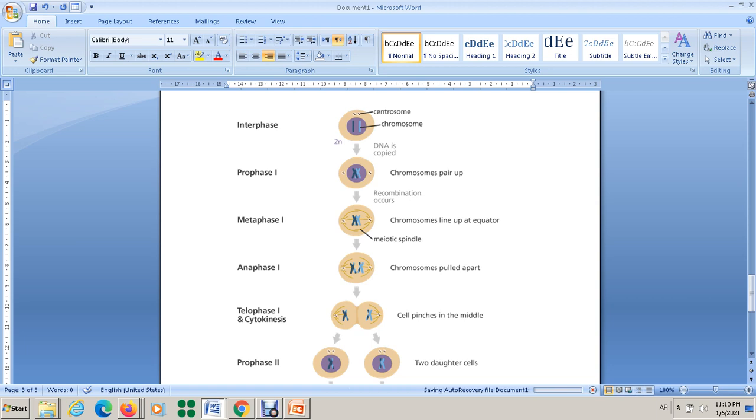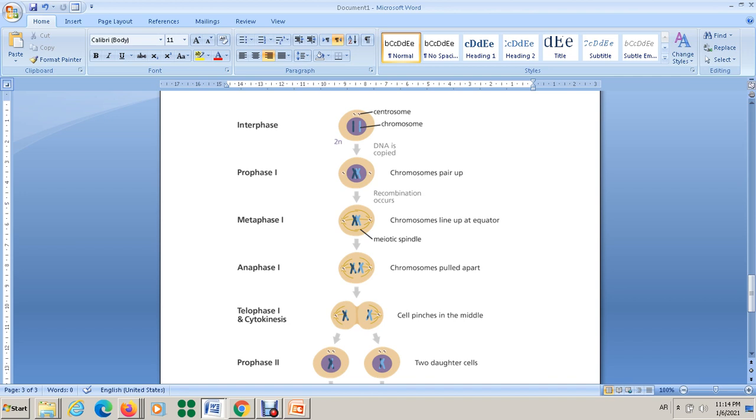Just to remind you about meiosis 1, we said in prophase 1, chromosomes are copied before meiosis begins. The duplicated chromosomes, each made up of two chromatids, pair up. Metaphase 1, after the nuclear membrane breaks down. The breaking down of the nuclear membrane happens in prophase 1, you have to keep it in mind. The chromosome pairs line up in the middle of the cell.